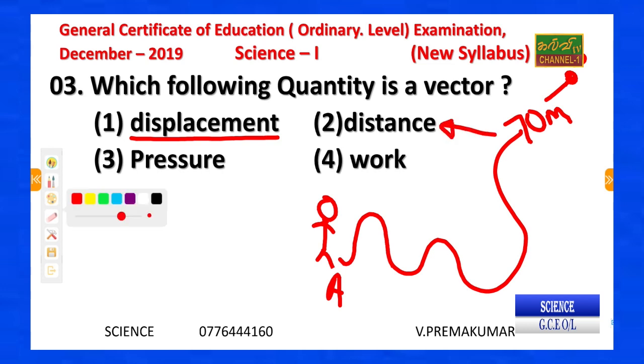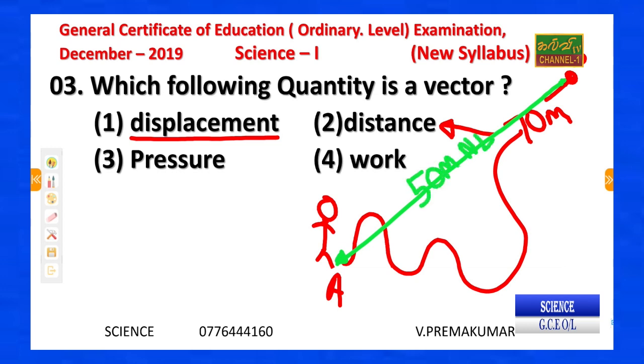If we find the shortest distance between here and there, say about 50 meters in the northeast, that is displacement.